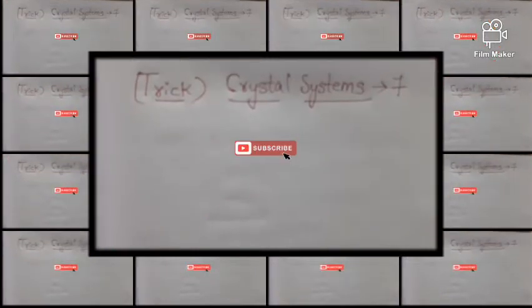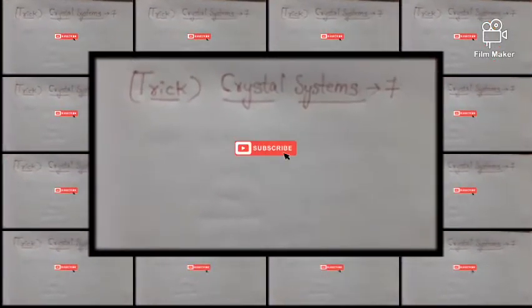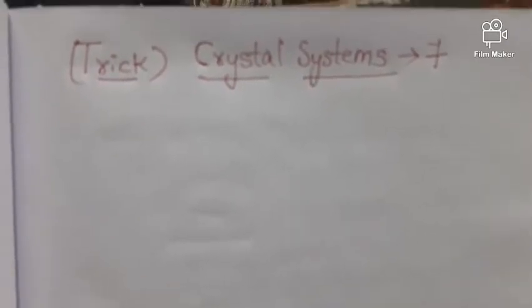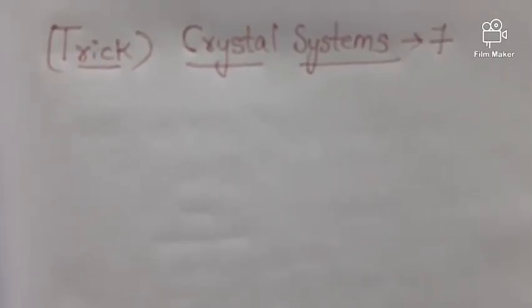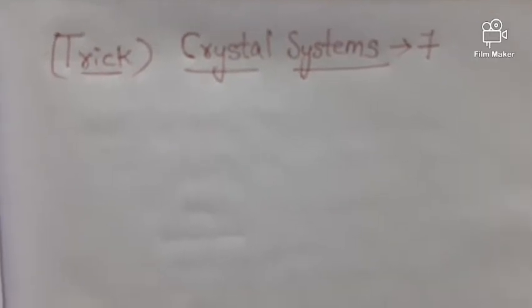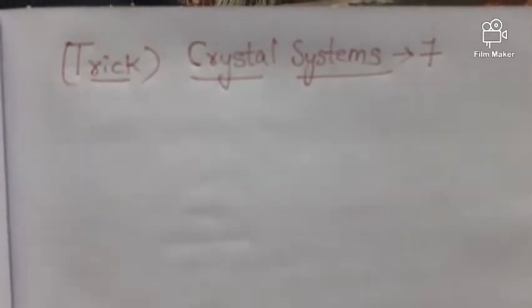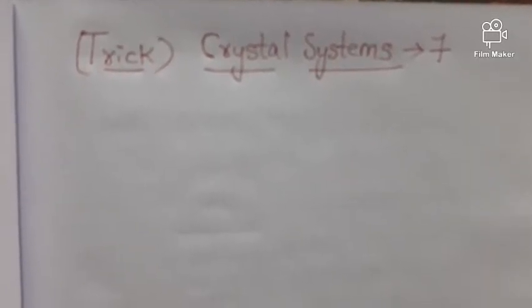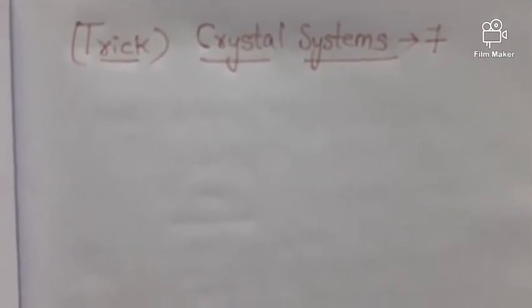Today in this session, I am going to give you a very easy trick to remember the crystal systems. I think you are familiar with the fact that there are 7 crystal systems, and we already know that there are 14 Bravais lattices.